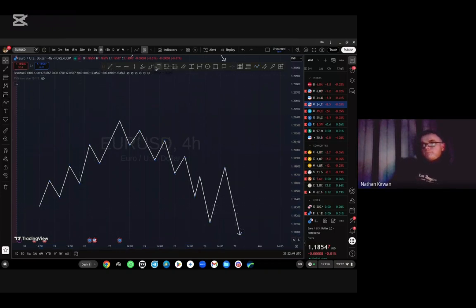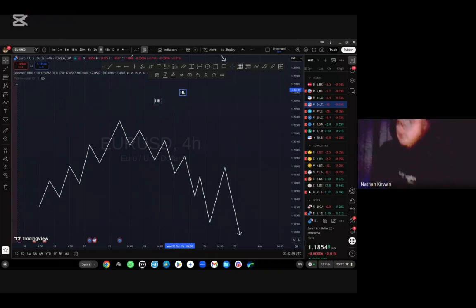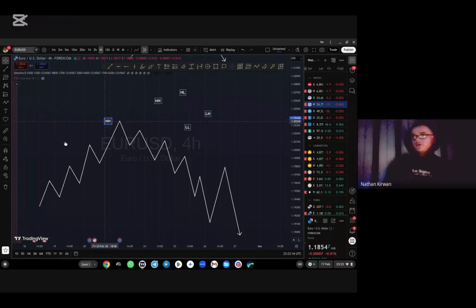Now, you have your higher highs, you have your higher lows. Bear with me a moment. Lower highs. So, just before we wrap up, you have your higher high, and this is also a higher high because it's higher than that one.